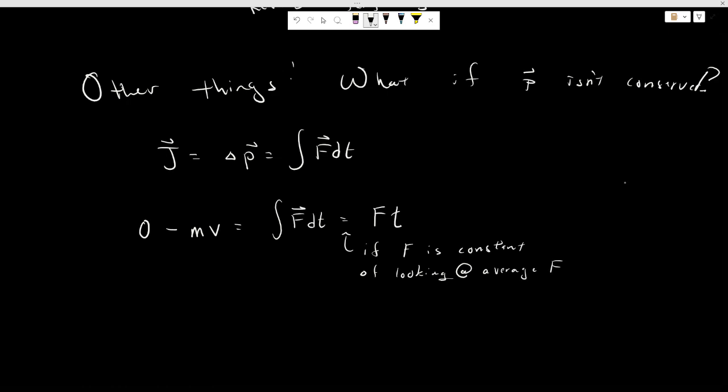That means that what I really want is an increased time of collision so that my force goes way down, right? If I have an increased time of collision, I'm going some speed and I have some mass regardless, and I'm going to stop regardless. So this whole side is constant.